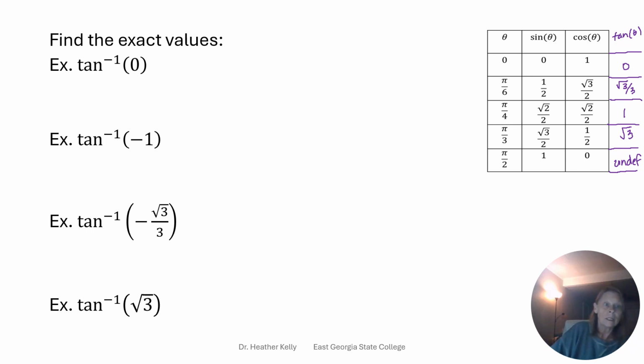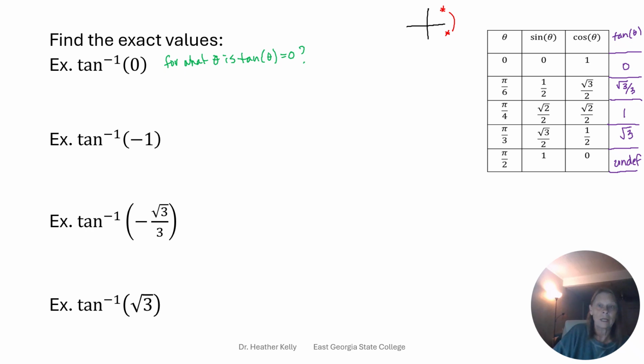All right, so the first one here, tan inverse of 0. Oh, let me talk about our quadrants that are in here. Here and here, this is the range, and tan is equal to 0. So what is our question? For what theta is tan theta equal to 0?